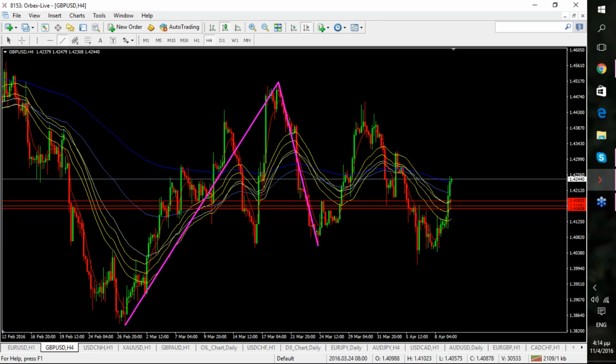All right, we had a very nice upward move for the GBP USD, and that was a bit of a surprise move, but it did actually follow through an M-like pattern very nicely. And just want to talk about that.